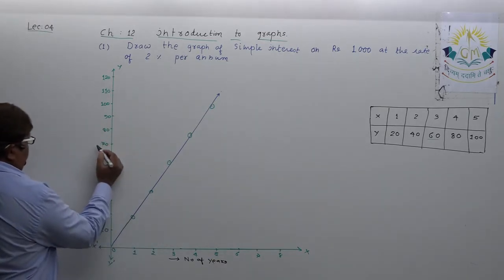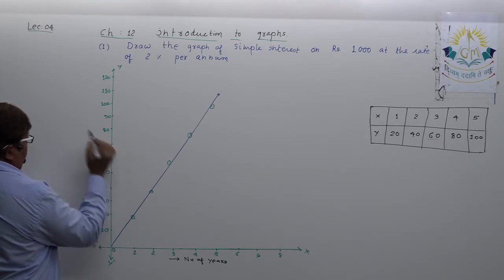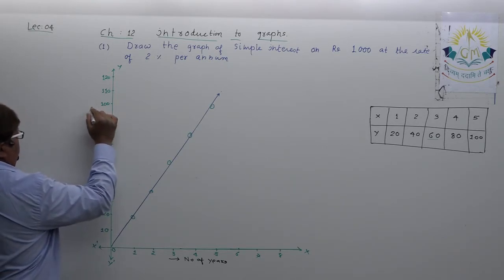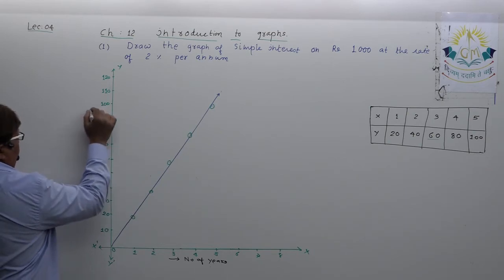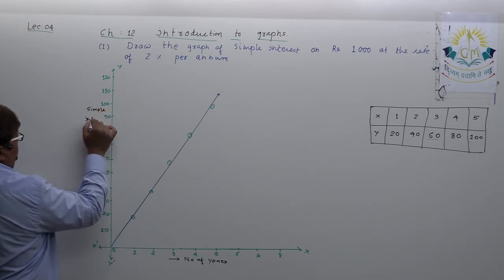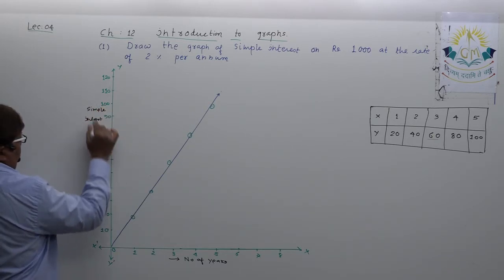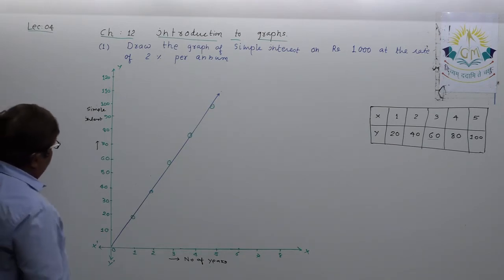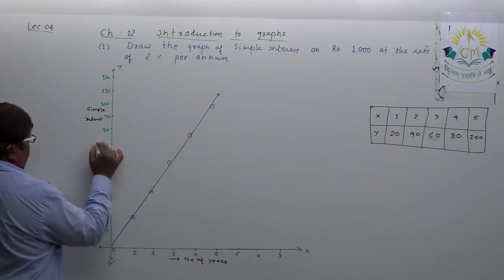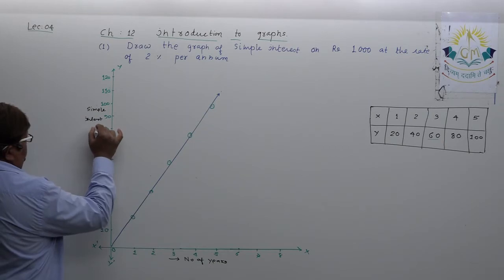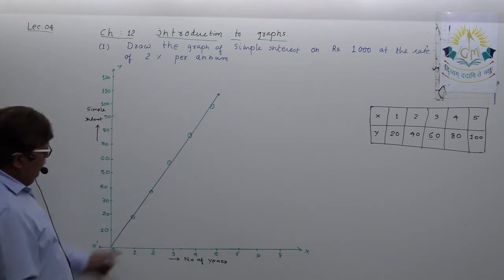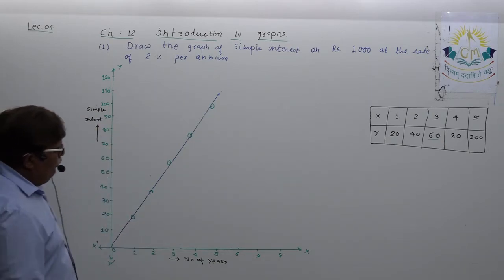And what you have represented here is simple interest. You can write this way, simple interest. This is sufficient. You need to put the arrow in this way so that it looks far better. Simple interest and number of years.